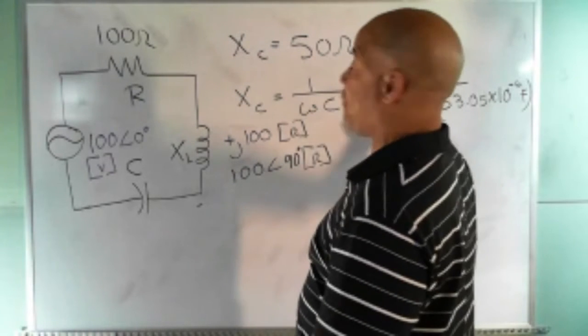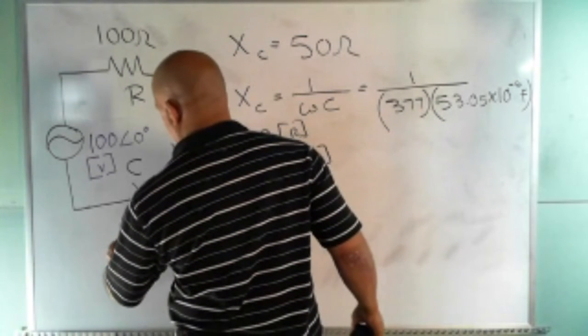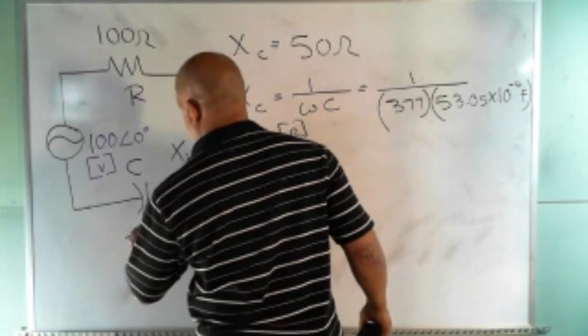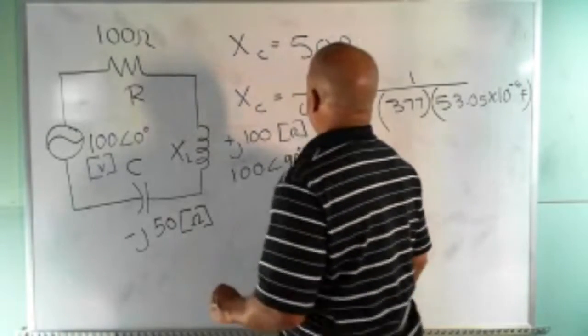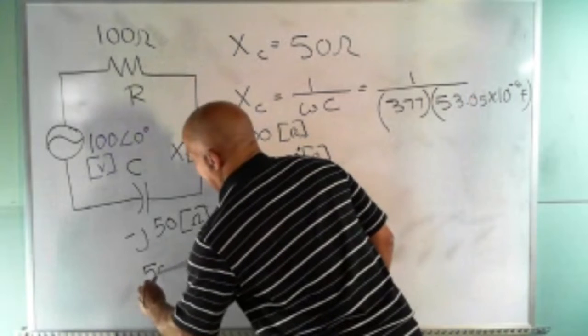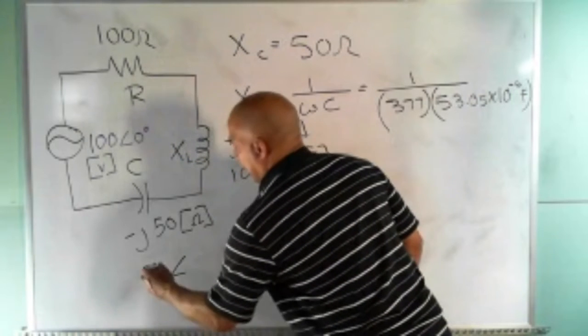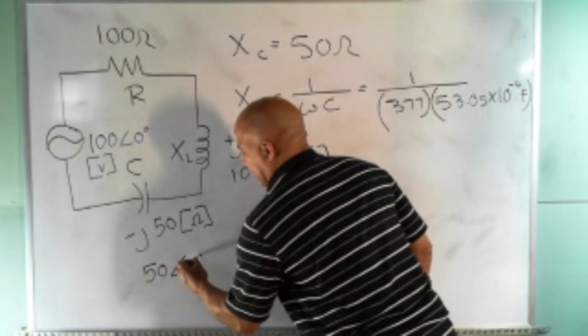This math will not tell you that. So I'm going to put this in rectangular. It's a minus J50. And in polar form, it's 50 at an angle of, if my J operator is negative, this has to be minus 90.